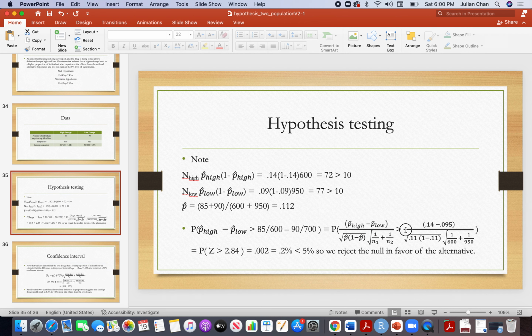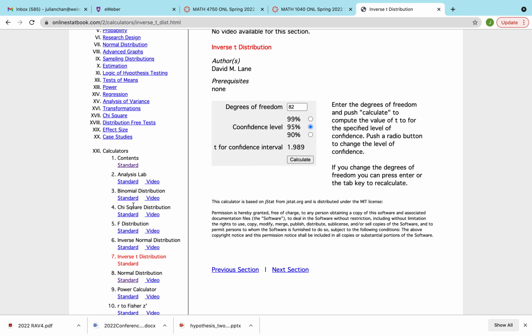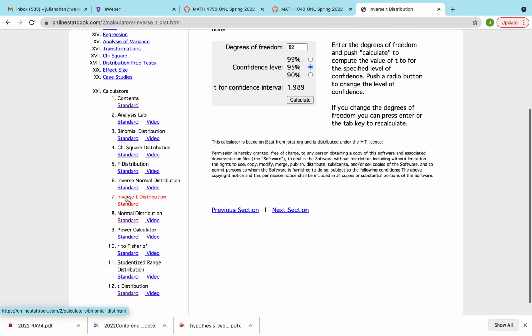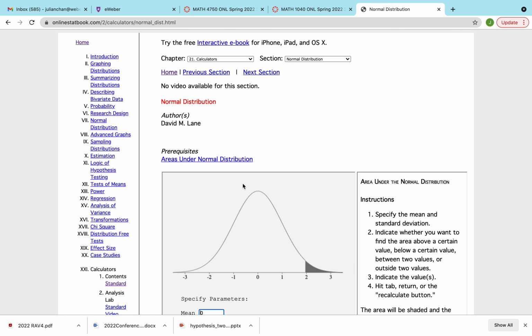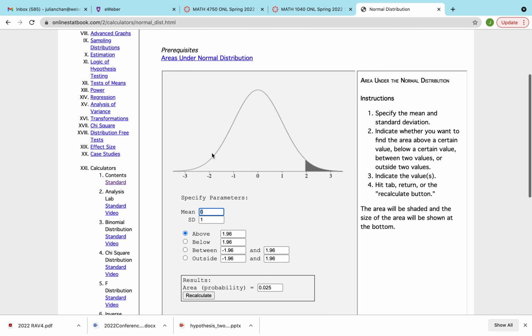Okay. So we calculate it. It gives us 2.84 once we finally calculate it. This comes from a normal distribution, and we can calculate this using the online calculator, 2.84. I need to select the normal distribution, and this is above 2.84.